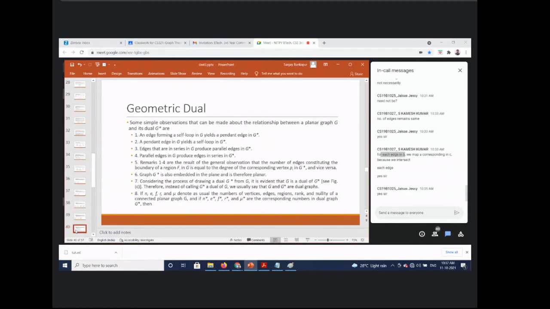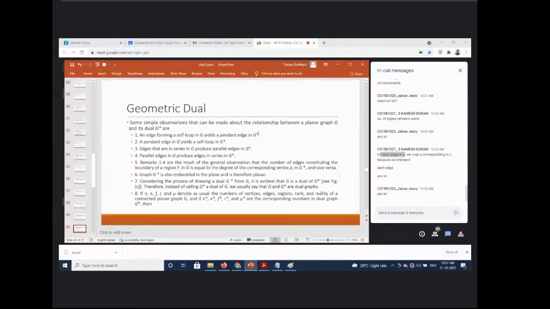Now, we have so many things to observe. Some simple observations that can be made about the relationship between a planar graph G and its dual G star are: an edge forming a self loop in G yields a pendant edge in G star.